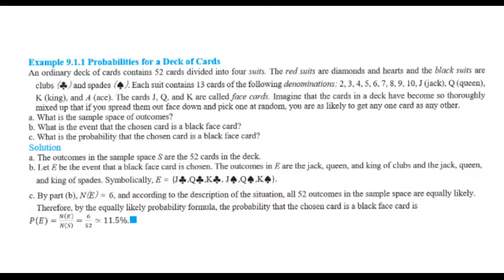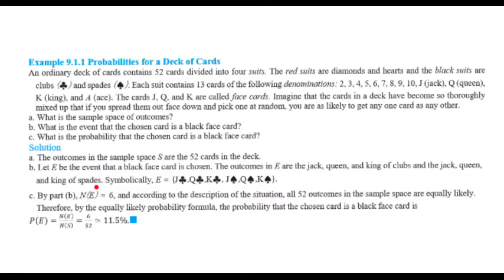So in the third part of the question, we are asked to find the probability that the chosen card is a black face card. So we are interested in finding the probability of event E that we represented here using set roster notation.